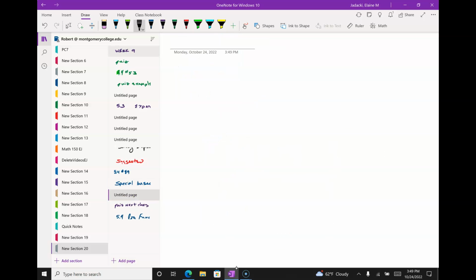So this is 5.4, number 103. I've got e to the 2x plus 5 equals 8. I don't know if I can solve this, but I'm going to find out. So how do I translate this to a log? I've got ln, or log base e, but we'd rather write ln. What's the argument? 8.